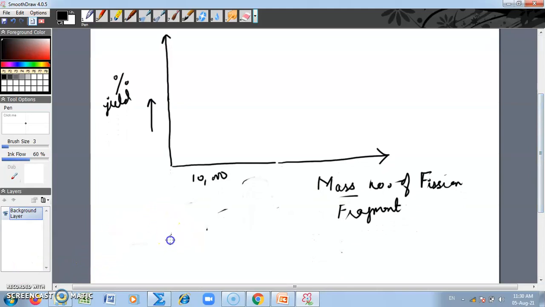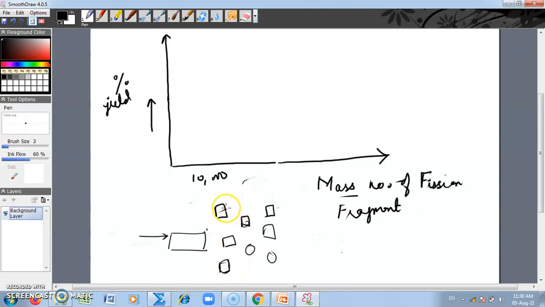That means you take uranium heated by neutron, you get some particles like this, you get some different particles like this, and as we have seen, in case of fission we don't have very small particles.